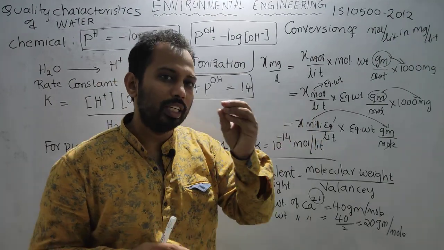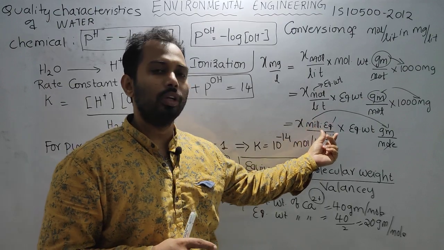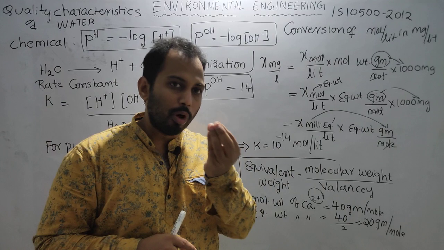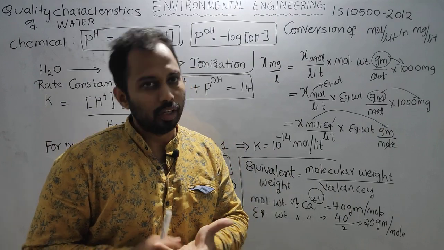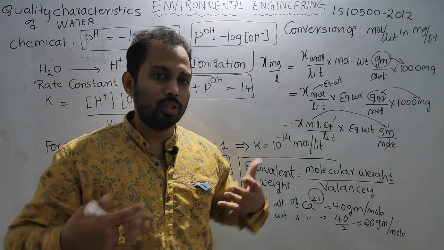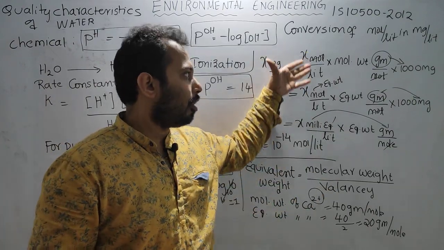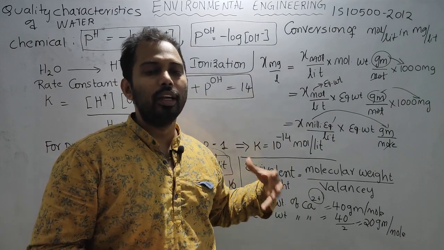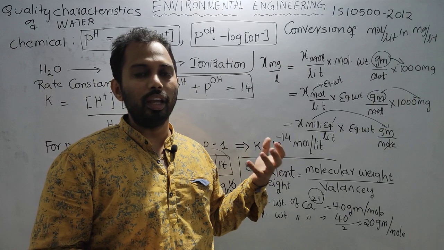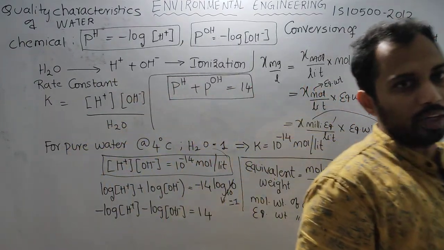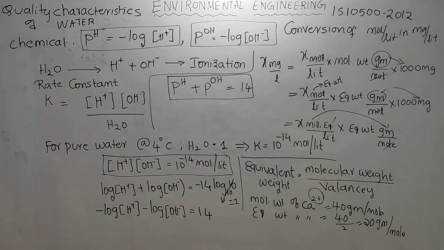But the equivalent weight is very small, that is why we take it as milli equivalent. If you take a small quantity, it is called milligram; if you take a large quantity, you take it in kg. That is also weight. So everything is in the form of a mole. In chemistry, generally compounds and concentrations are taken in moles and normalities, that is why we take it in mole per liter.